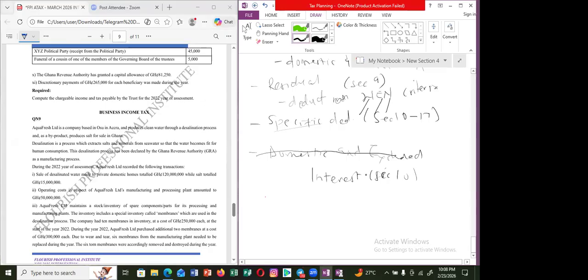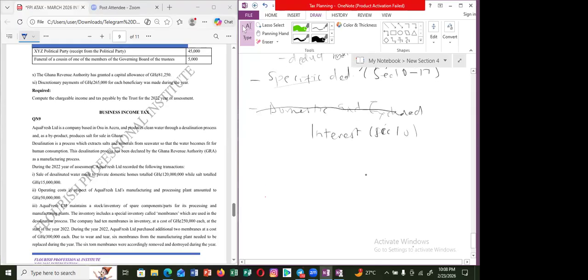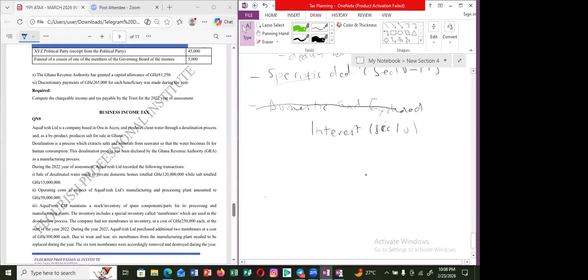That's normal interest on borrowing. It says that interest on amounts borrowed can only be deducted to the extent that the amounts that were borrowed are used in the production of business income.